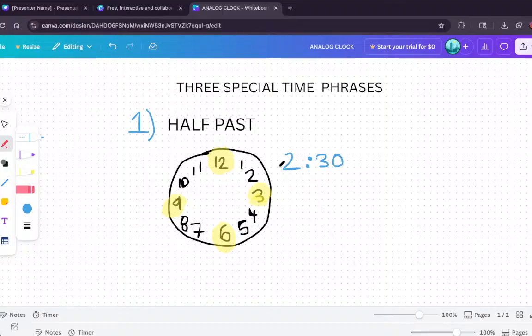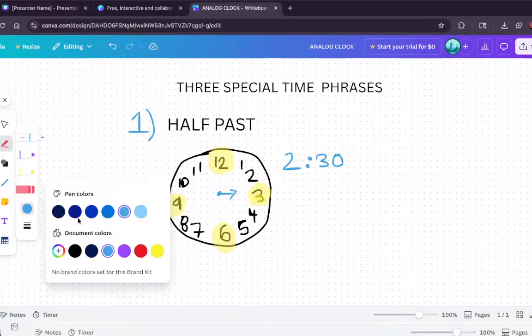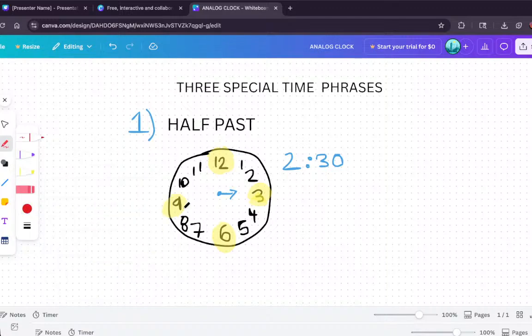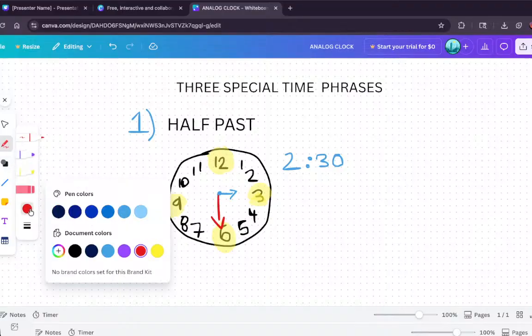Okay, so that means our hour hand would be in between 2 and 3, and then our minute hand would be at 6, because that means 30. 6 times 5 is 30. And if you don't understand the multiplication or the numbers, please let me know. We can go over that lesson again.